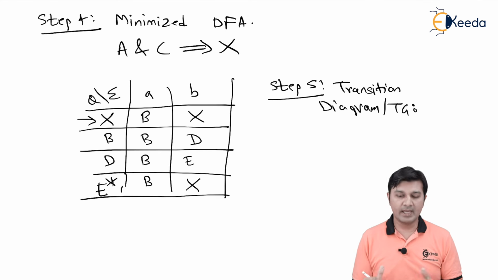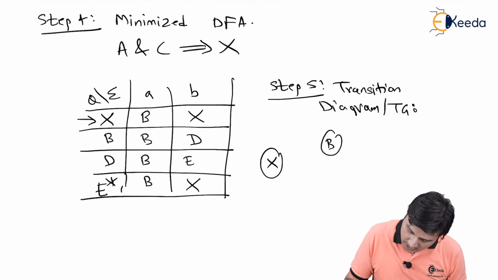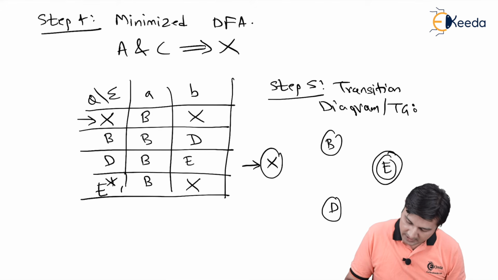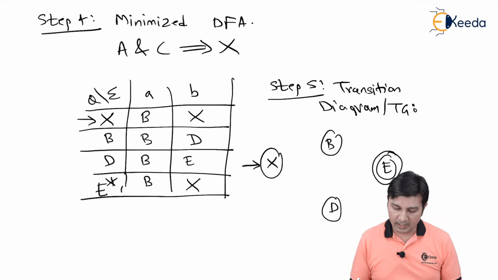So the states are X, B, D and E. So let's draw it. I have my X, I have my B, I have my D over here and E as the final state, marking this as the start state. We all know the procedure, so let's get started quickly.